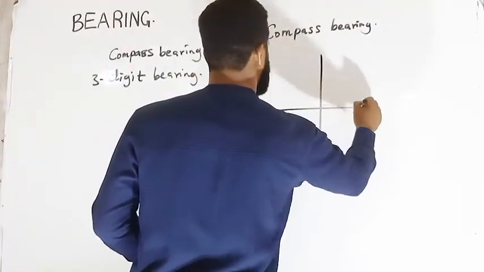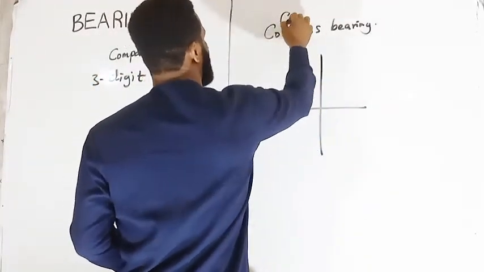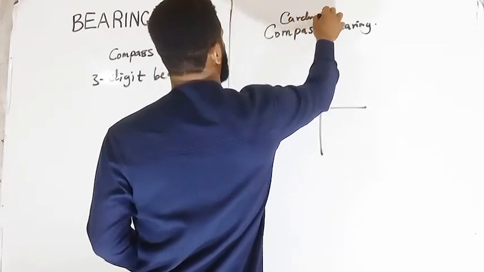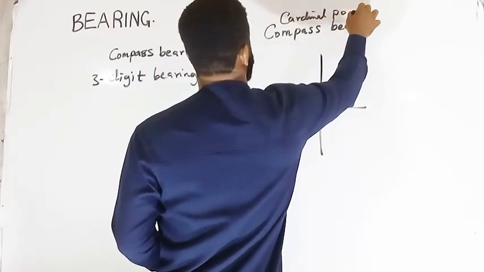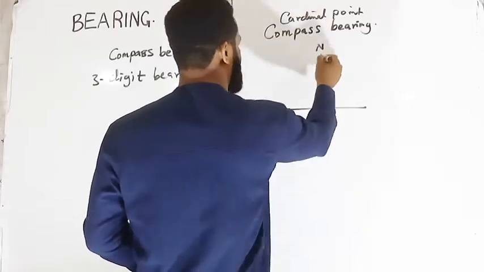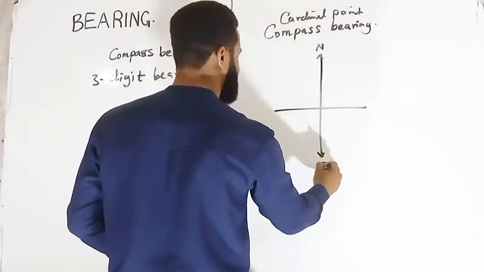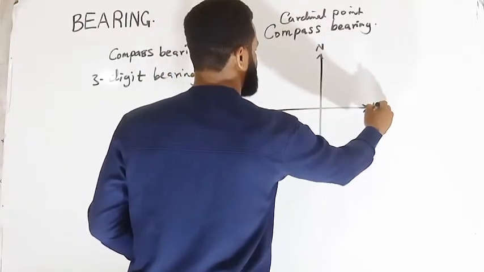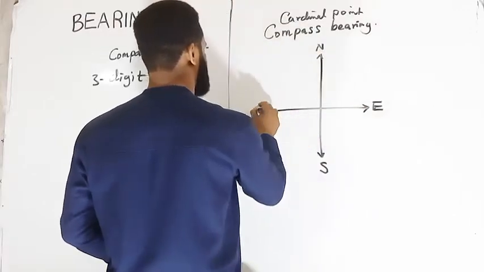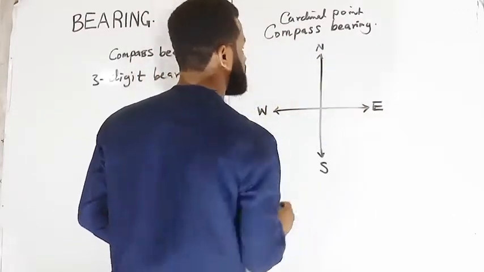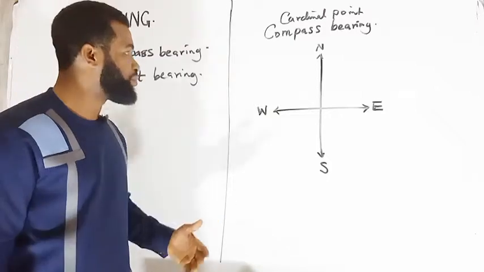I have this like a cardinal point. From this cardinal point, this is north, and this is south. This is east, and this is west. So these are the 4 cardinal points.